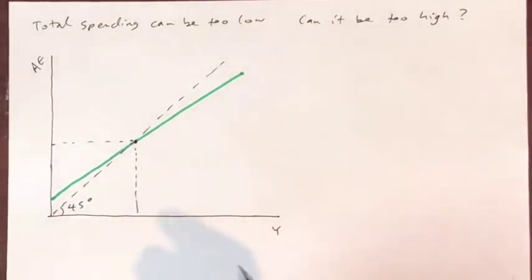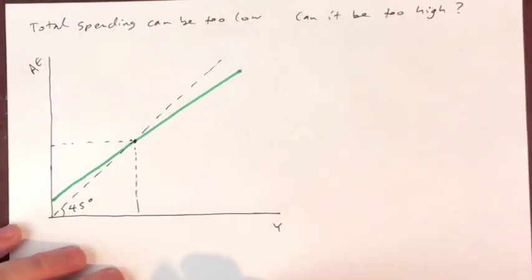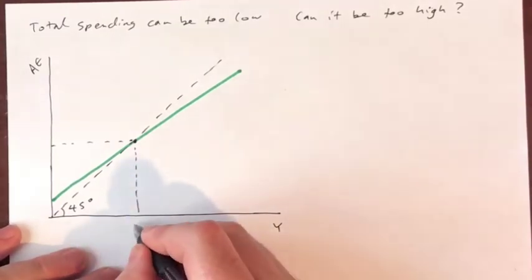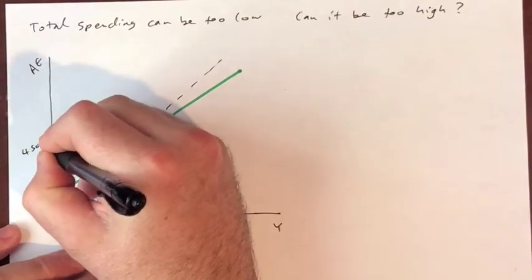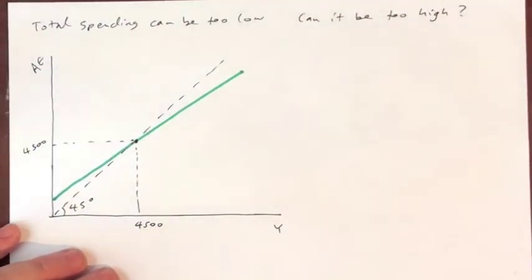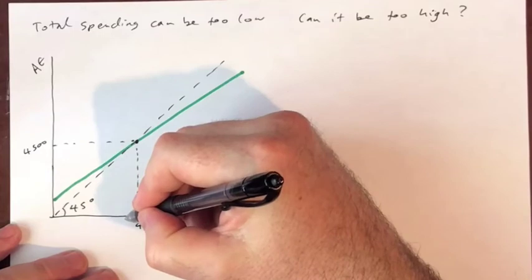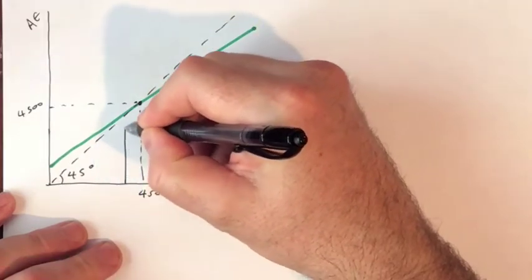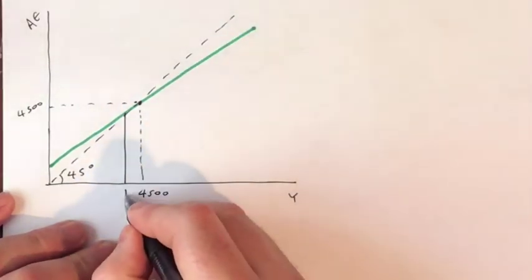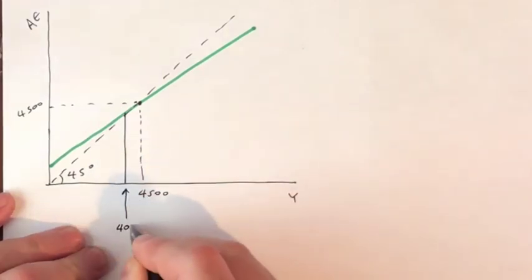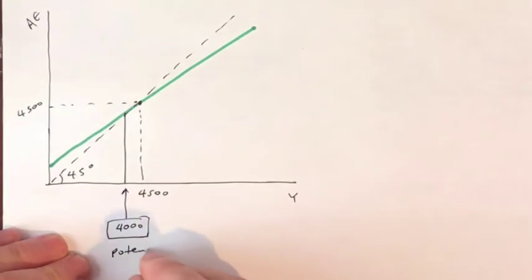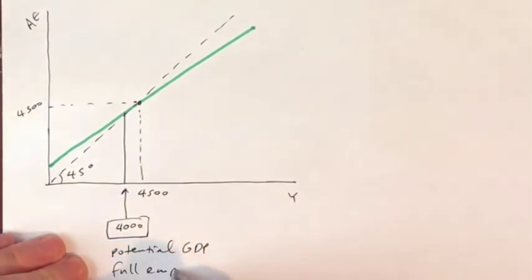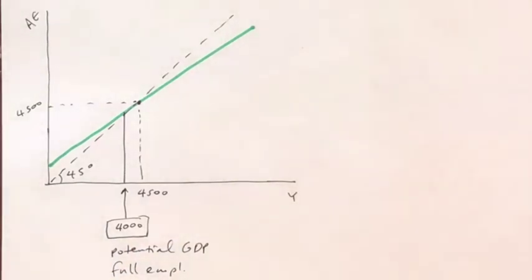So let's say the macroeconomic equilibrium occurs at 4,500. But here's the thing: our economy has a potential of 4,000. Again, this represents the potential GDP, also known as the full employment output level.